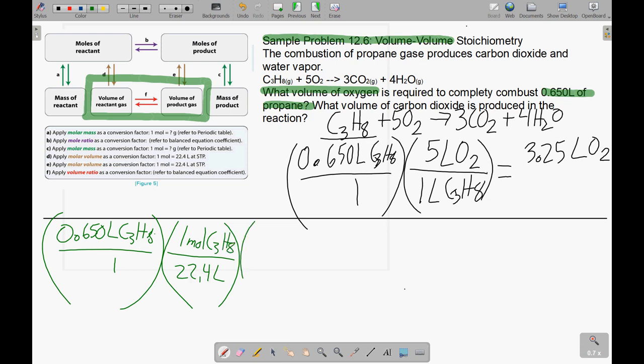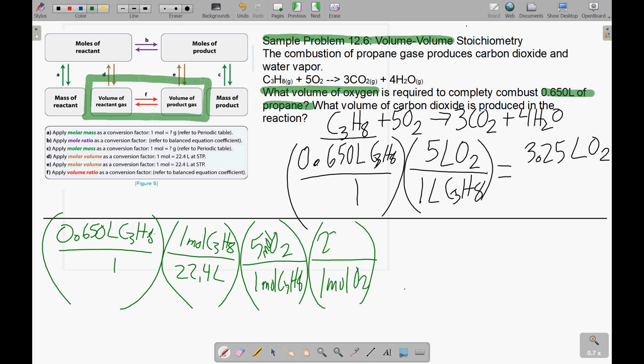So we use that as a conversion factor. That's called the molar volume. Now we're going to use a mole ratio from the equation to convert our moles of propane to moles of oxygen. And then we're going to convert the moles of oxygen to liters of oxygen.